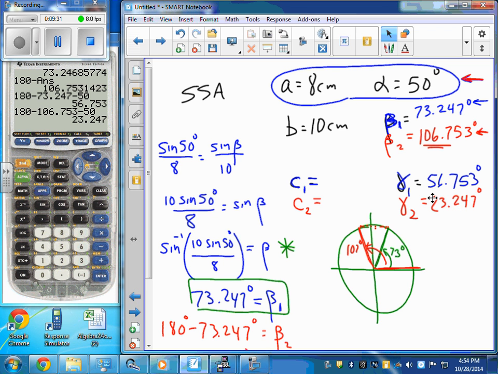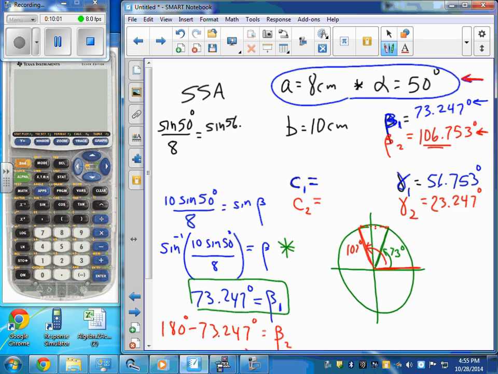Both of these would be found using the law of sines, and I'll go back to my given fact right here at the very beginning, the sine of 50 over 8. So let me clear off a little bit of room here. So we have the sine of 50 degrees over 8, and then using gamma 1, I'm going to have the sine of 56.753 over C1.